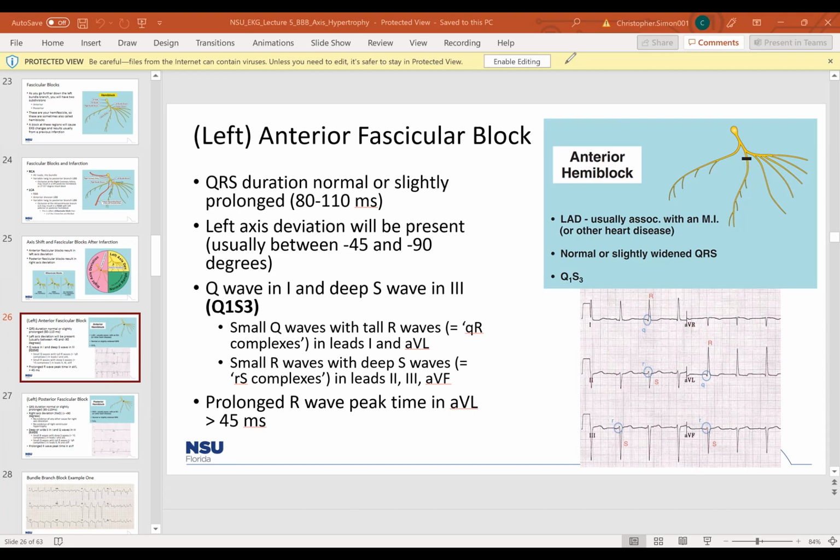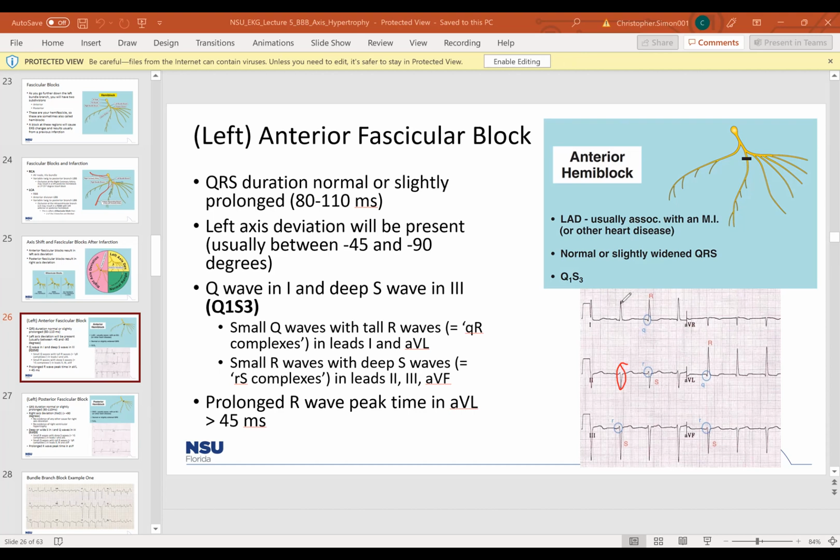So let's process all that for a second. It's really easy. You have a right bundle branch block, I look at lead 2. If lead 2 is a negative deflection, then I also have a left anterior fascicular block. So we would say you have a right bundle branch block with an anterior hemiblock.